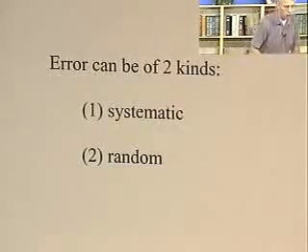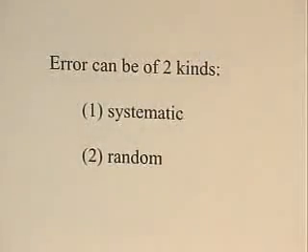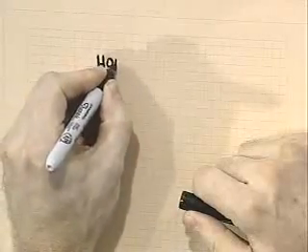That is, it always occurs in the same direction, and it is consistent in magnitude. It's always the same amount. Let's go through an example of this. Let's talk about a set of scales that you have at home.